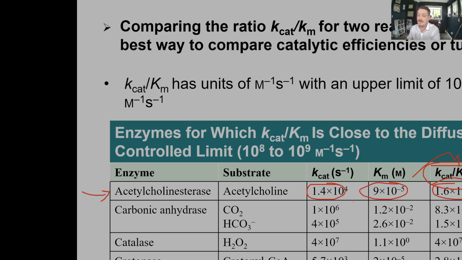So it's going as fast as physics will allow for some enzymes in particular, like these ones here, which are really, really efficient. So this is a way of comparing the efficiency of different enzymes, in this case extremely good ones, but maybe some not so good ones as well.